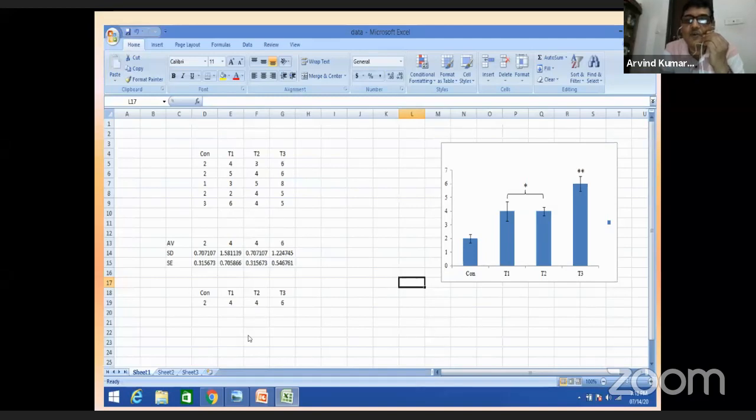But then control and T3, there may be less than 0.001 or even less than 0.01% difference. So on that very basis, you can show which of the groups are showing significant difference, which are showing highly significant difference. So your entire data gets depicted in this particular form.